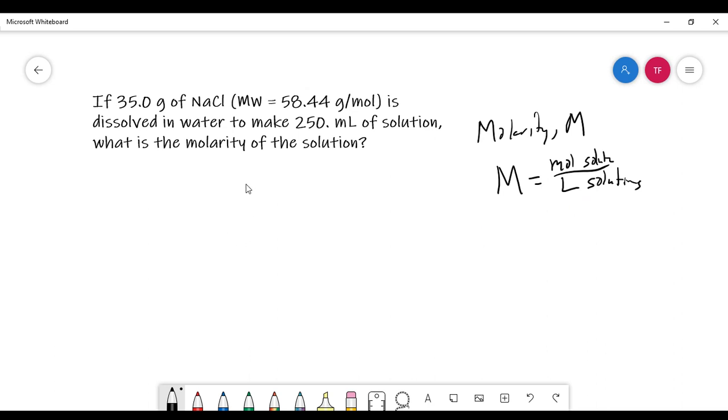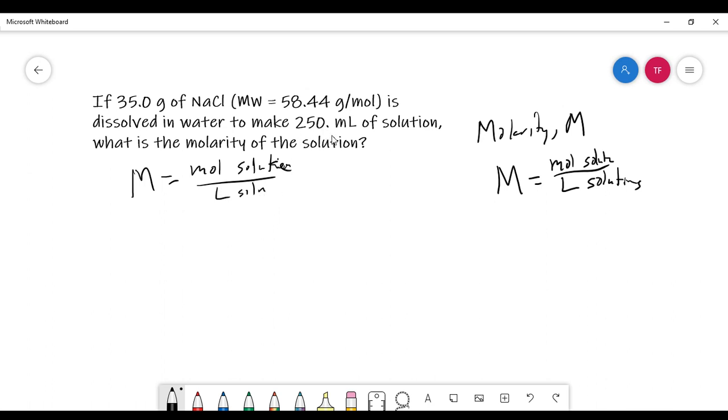I've got an example here where we are going to calculate the molarity of a sodium chloride solution, where I have 35 grams of sodium chloride that are dissolved to make 250 milliliters of solution. If we're going to calculate the molarity, we need to know the moles of solute divided by the liters of the total solution.